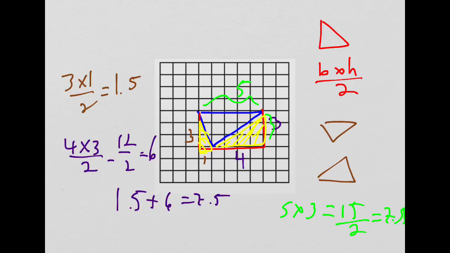So we've just proven that the blue triangle takes up half of the rectangle. The rectangle is 15. The yellow parts together are 7.5. Therefore, the blue part must also be 7.5, which is half of 15.